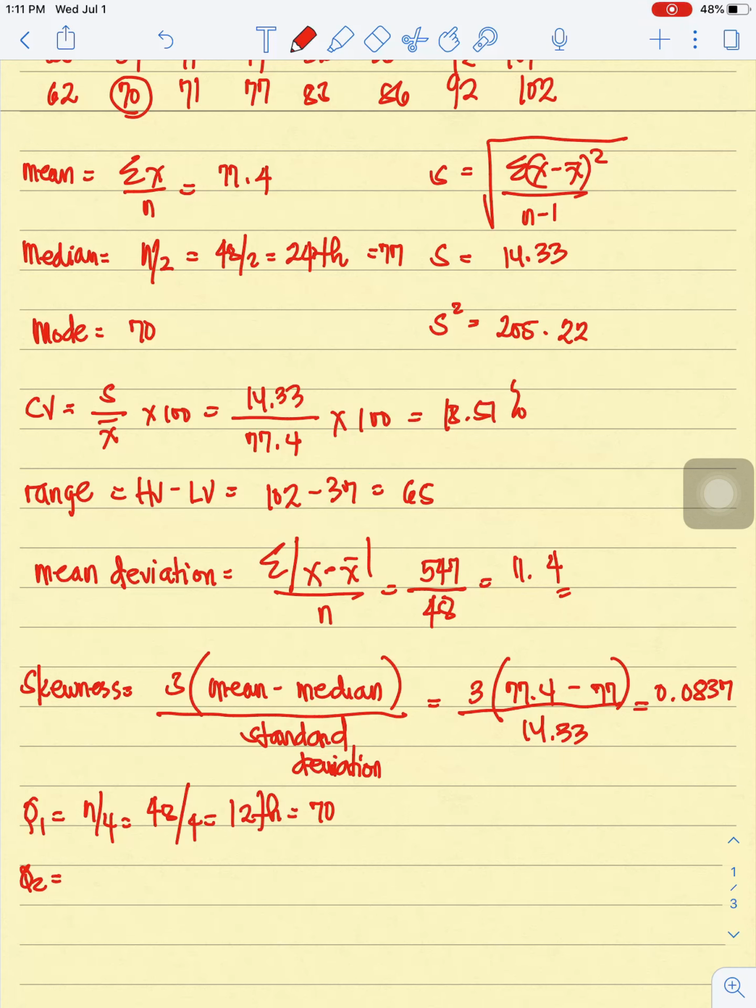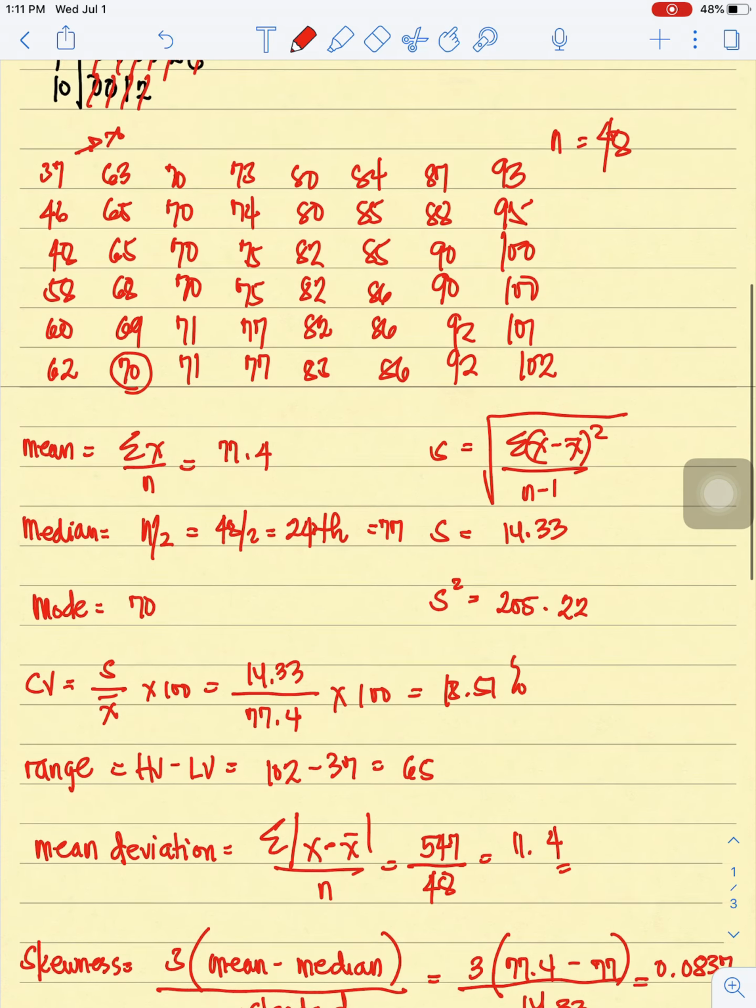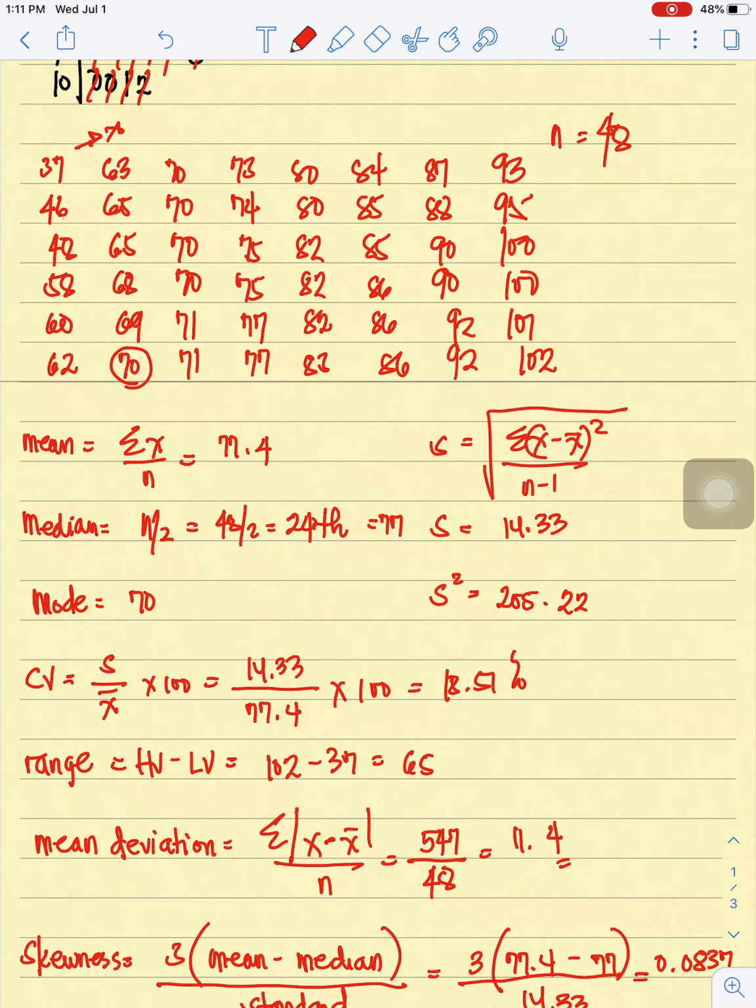Q2 is the same as the median. That is 2n over 4, that is 2 times 48 divided by 4, we have there 24. So what is the 24th place? We have 77.